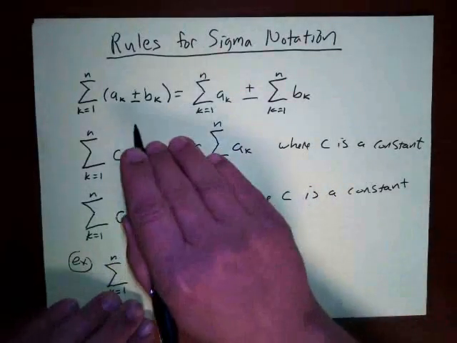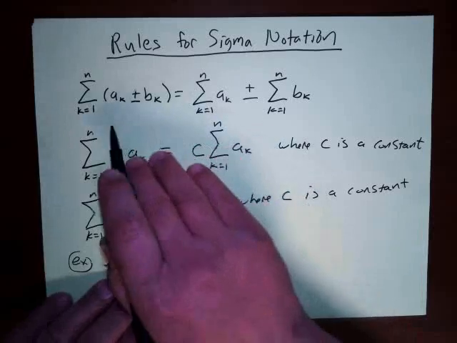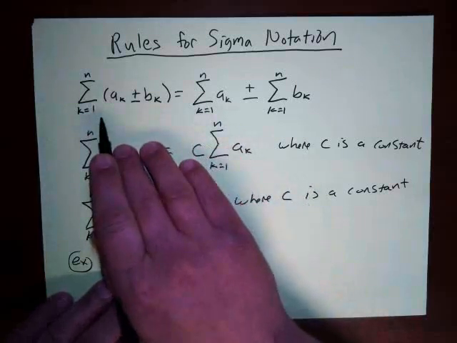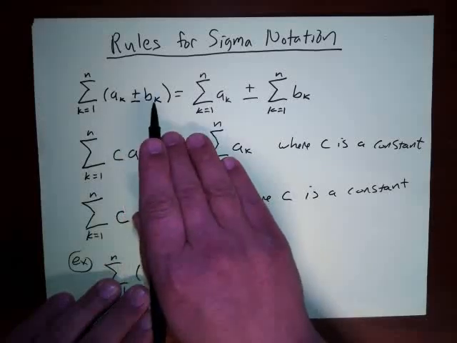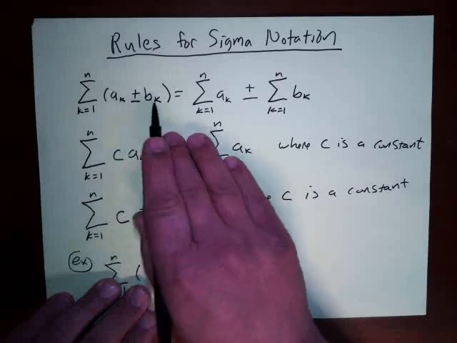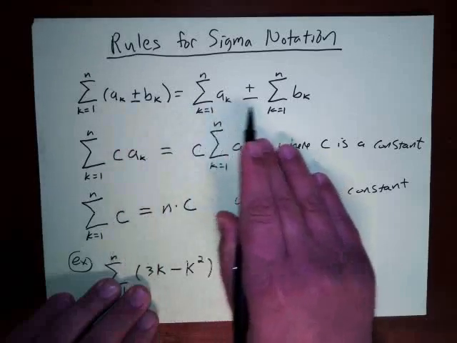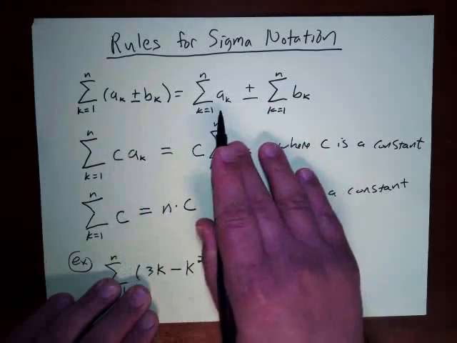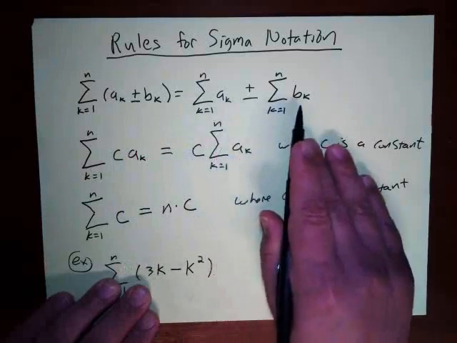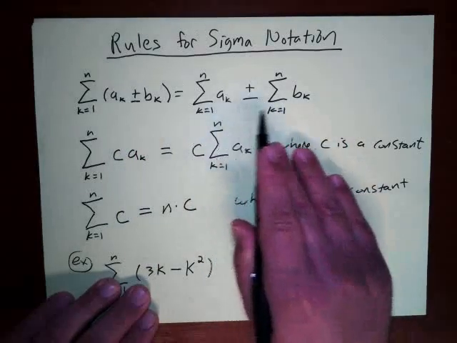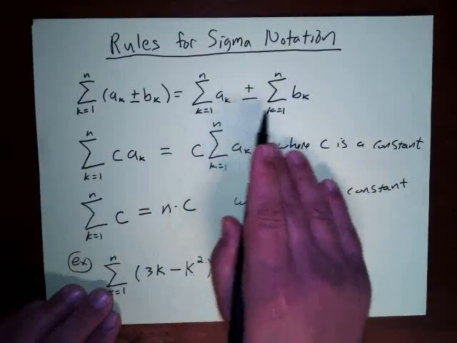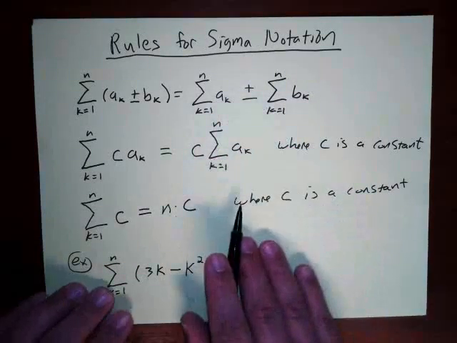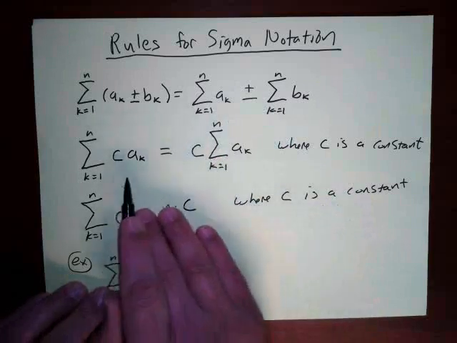There's a sum-difference rule, which means if I have a sum of A plus or minus B, where these are A terms and B terms, I can break that sum up into the sum of A and then the sum of B. You can do those individual sums and just add the sums.